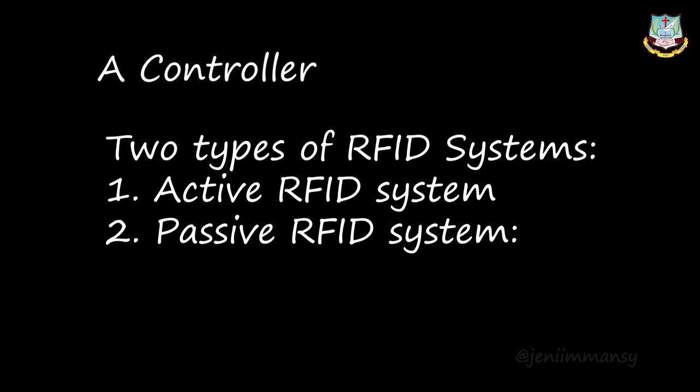Passive RFID means this tag gets the power from the reader antenna to the tag antenna, right? This is used for shorter range transmission. If it is a large distance and has to reach a long distance, we'll use the active RFID system. And if it is a short range of transmission, here we'll use the passive RFID system, right?